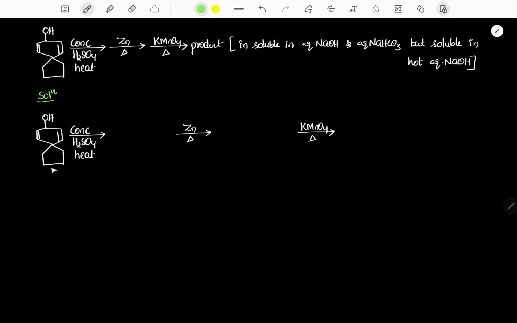The reactant has an alkene and an alcohol, and it is heated with concentrated H2SO4. Here the lone pair attracts the proton and forms the corresponding oxonium ion. It loses water and forms the corresponding carbocation, and after resonance it forms the carbocation like this.